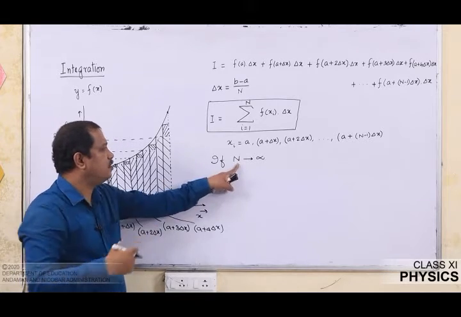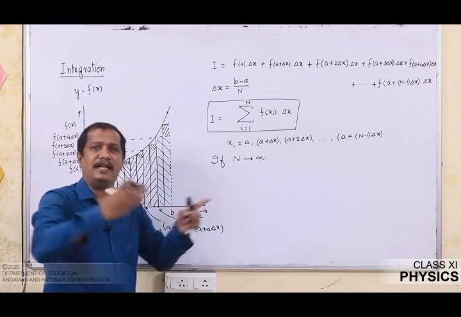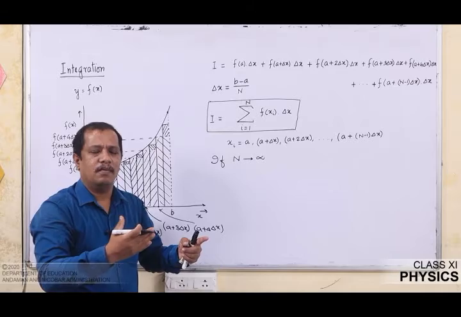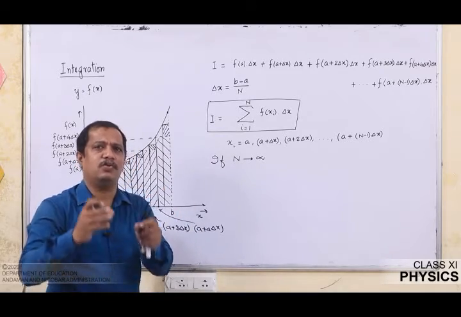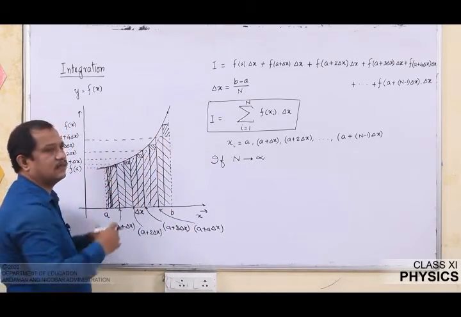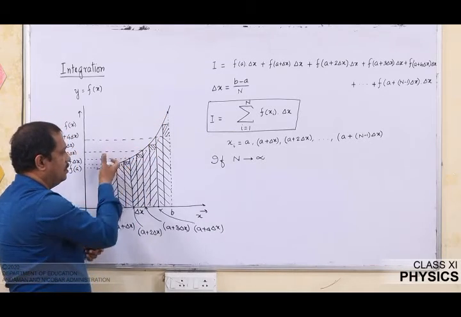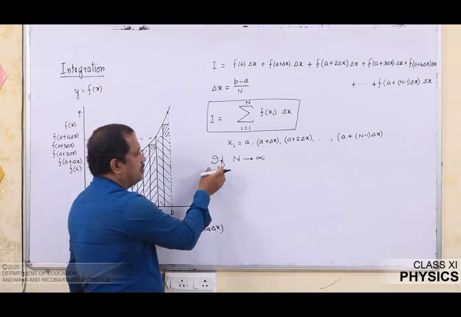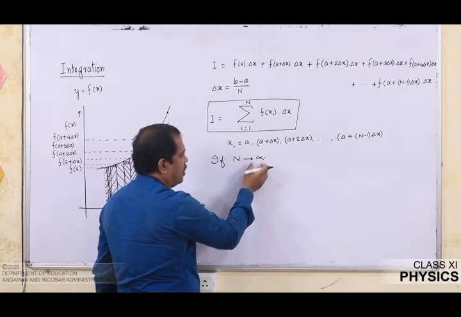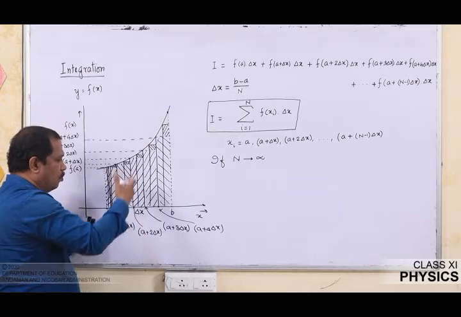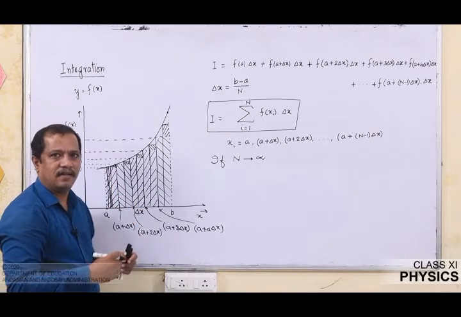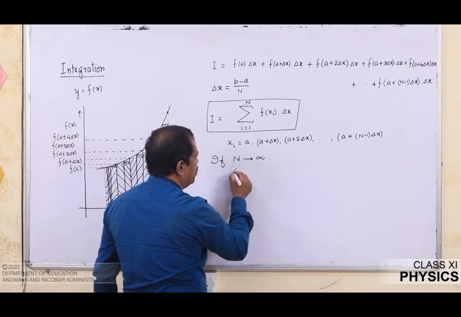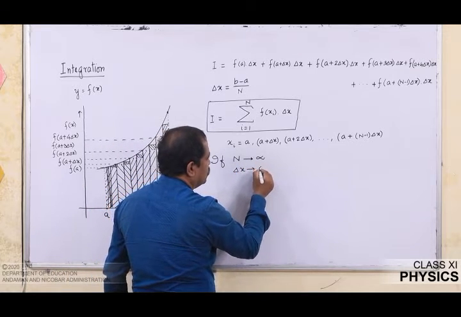So, thus when I increase the number of strips to infinite in number, then the area that I am going to calculate will be approximately equal to the actual value under this curve, in a span from A to B. So, if I have number of strips very much larger, in that case when I have more number of strips, what will happen to the value of delta x? Delta x will become smaller and smaller.